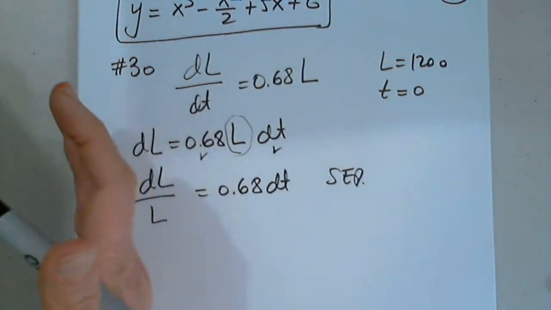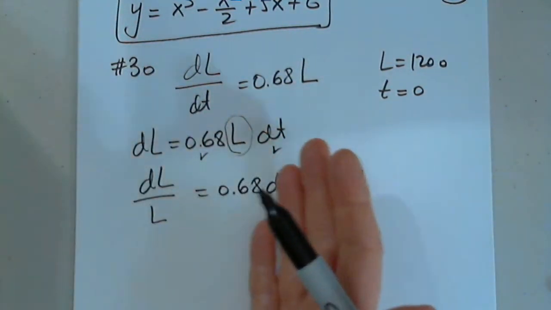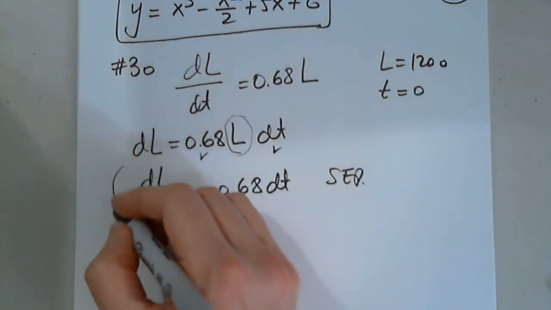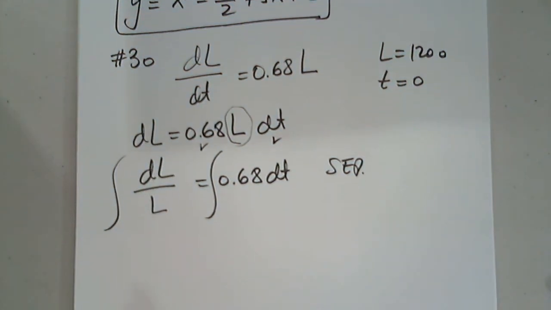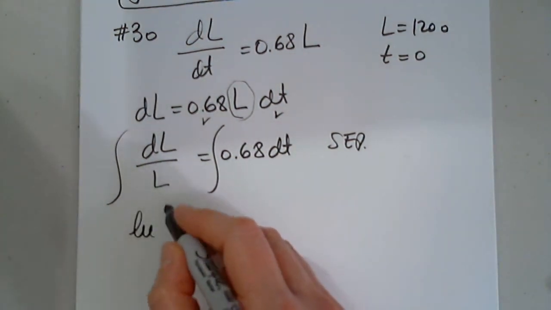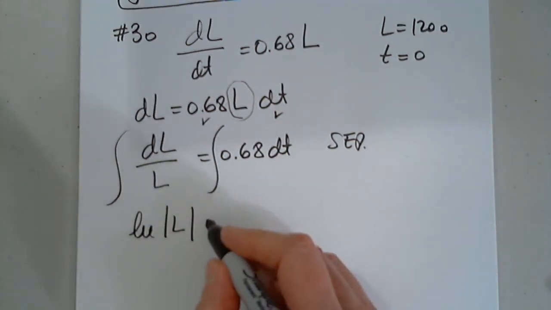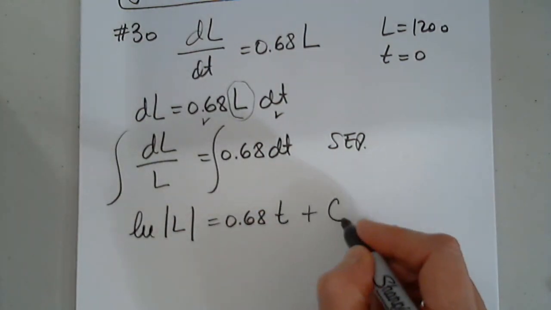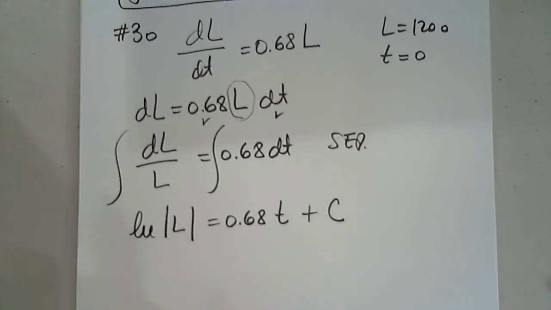L is alone on one side with its dL. T is alone, there is no t, but dt is there. Now we integrate. And we get the natural log of the absolute value of L, which is 0.68 t. There is only need for one c, not on both sides.